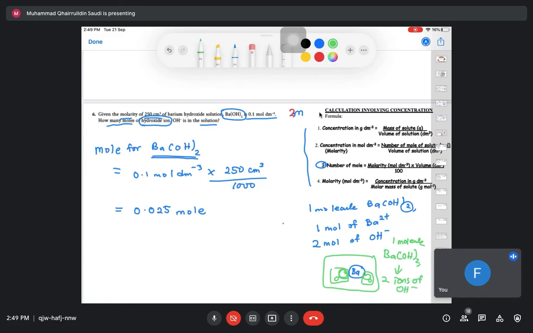So if there are 0.025 mole of barium hydroxide, what is the number of mole for hydroxide ions? What do we need to do?